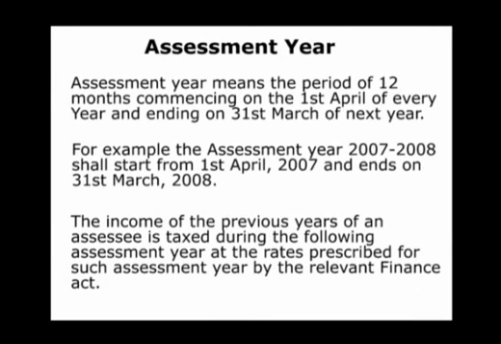Because there are 4 parts in the first schedule to the finance bill, and all the rates of tax are given in those four parts. So various rates are there, and based on the income of the previous year, the assessee is liable to pay the tax during the following assessment year.